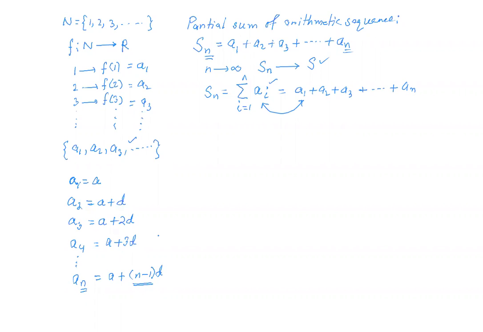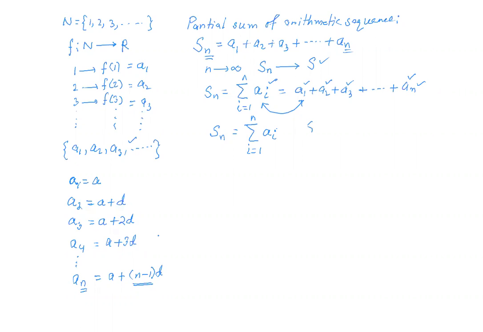This is just a compact notation, and this is the written out version. Remember once again, S sub n is the sum of the first n elements. When i is 1, you get A1. When i is 2, you get A2. When i is 3, you get A3. You add them up all the way up to when i is n, you get A sub n.